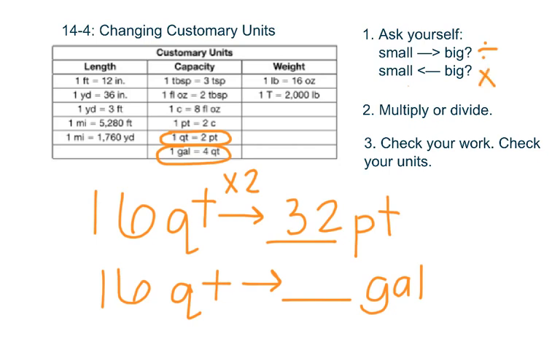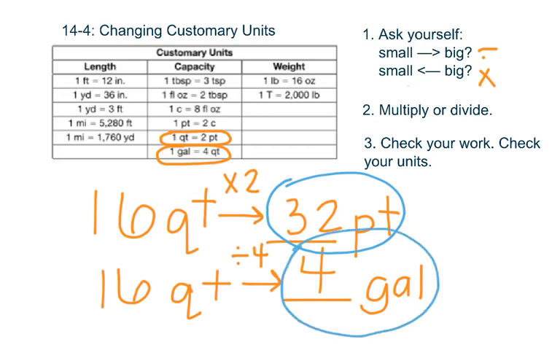So notice there are 4 quarts in 1 gallon, so I'm going to divide by 4. 16 divided by 4 is 4. Here's the neat thing about measurement and converting. If 16 quarts is equal to 32 pints, that also means that 32 pints is the same as 4 gallons. Those are equivalent as well.